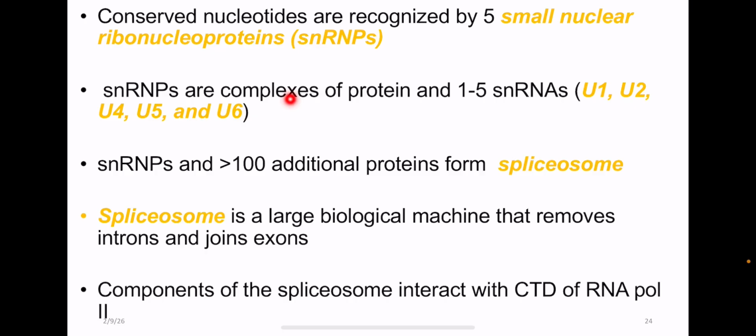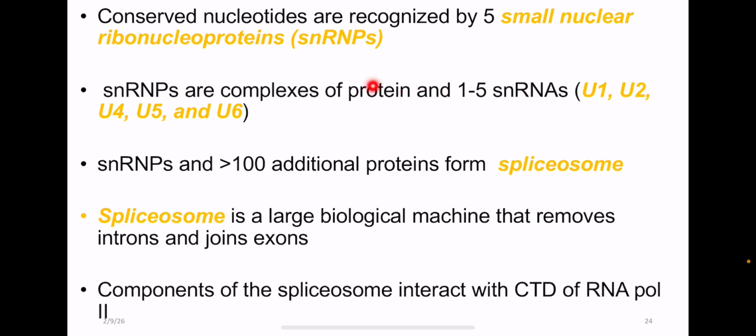So the snRNPs are small nuclear ribonucleoproteins. The snRNPs are complexes of proteins and about 1 to 5 snRNAs. So when about 1 to 5 snRNAs and proteins come together, they form small nuclear ribonucleoproteins.